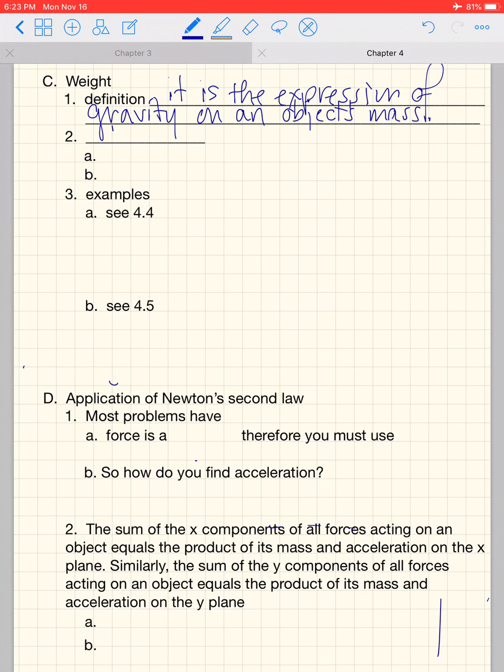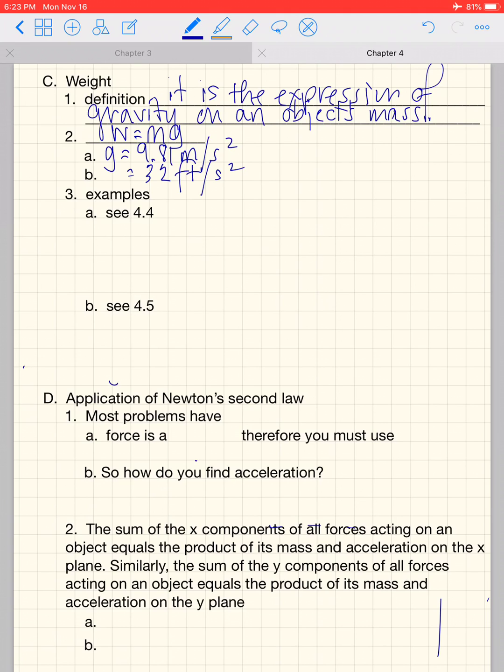So the formula we're going to use is W is equal to mg. And the nice thing is, because of the last chapter, you already know that g is either 9.81 meters per second squared, or g is equal to 32 feet per second squared. Simple application of F equals ma.